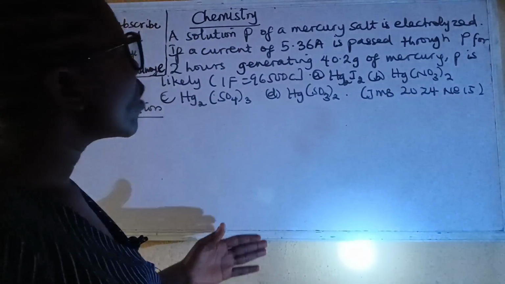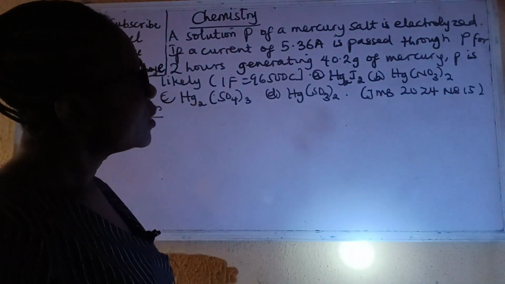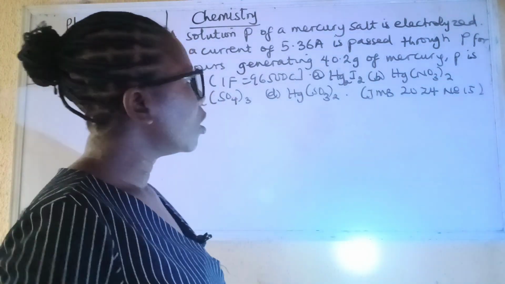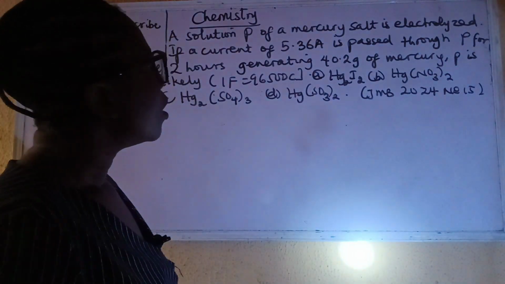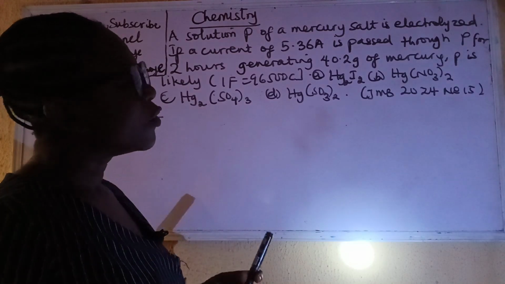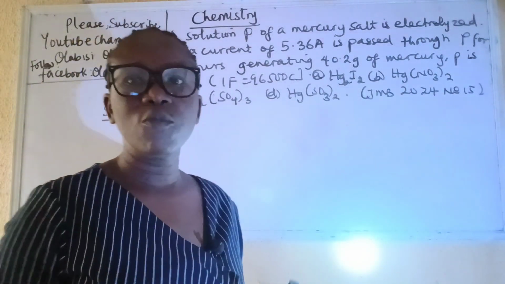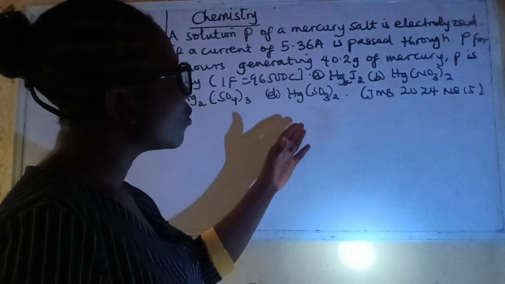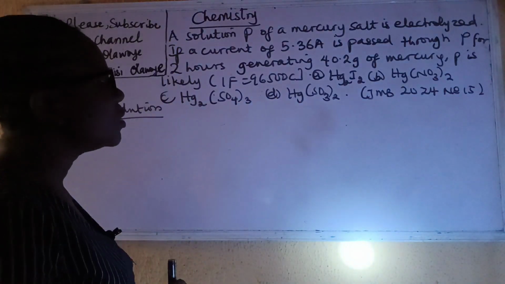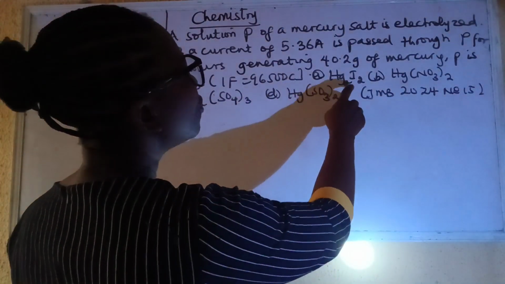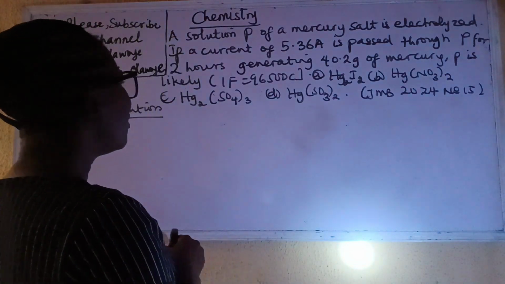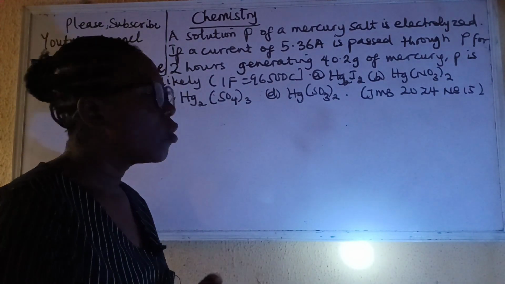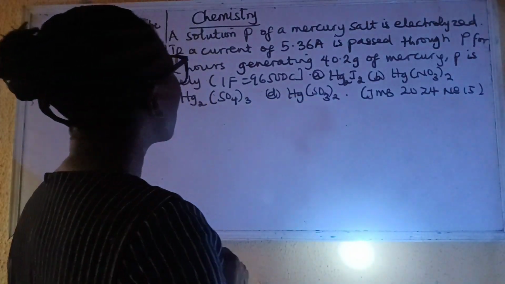But in this case, we are to determine what kind of solution the mercury is from. Is it mercury iodide, or mercury trioxonitrate(V), or mercury tetraoxosulfate(VI), or mercury trioxosulfate(IV)? Which of these options is correct?